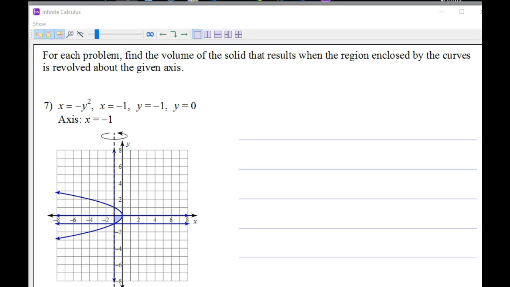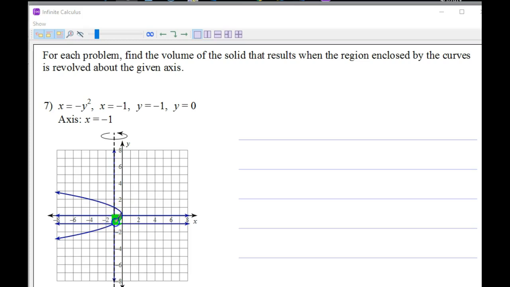Okay, so here's my curve, x equals negative y squared. I'm on number 7 right now. X equals -1 is the boundary to the left, y equals -1 is my lower boundary, and y equals 0 is my upper boundary.